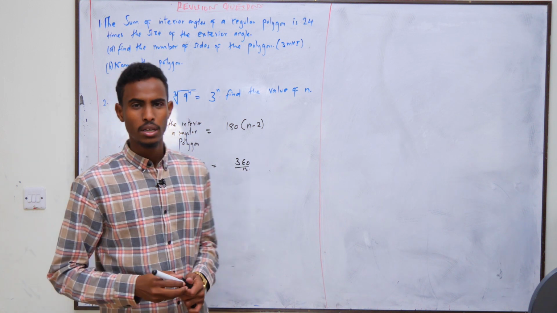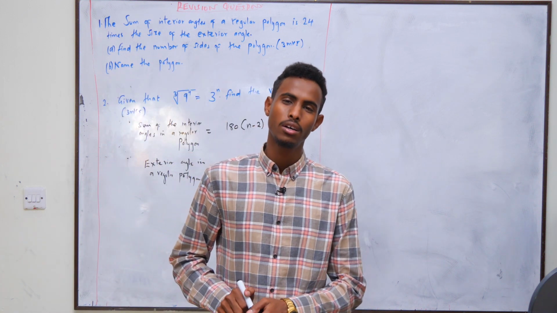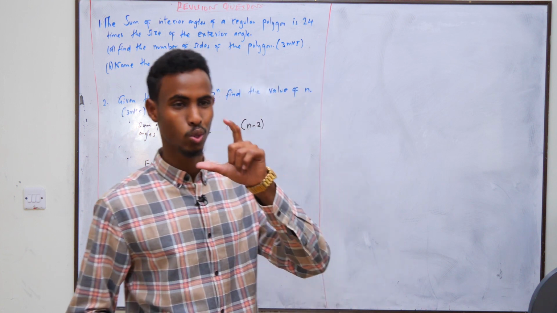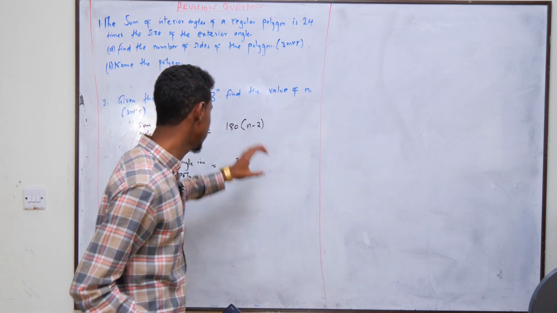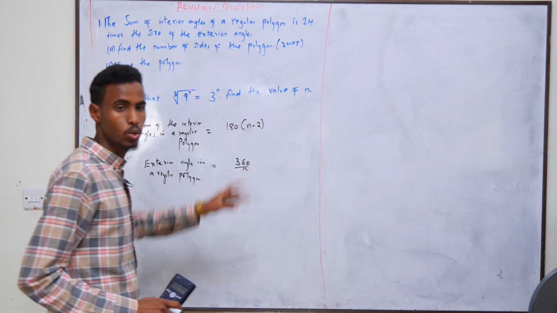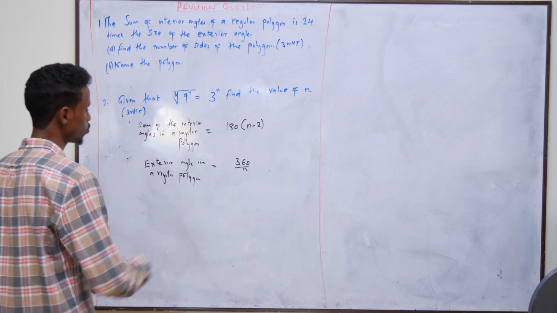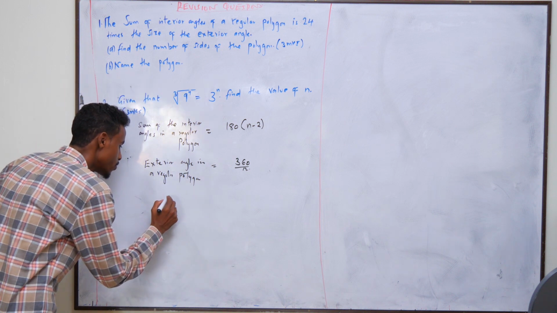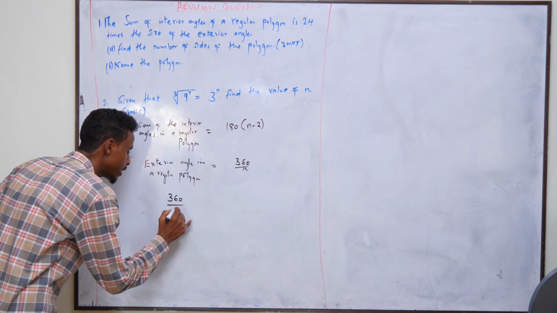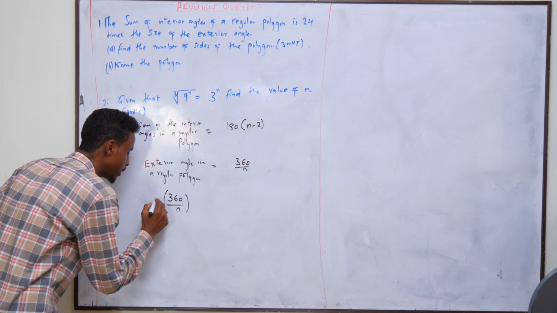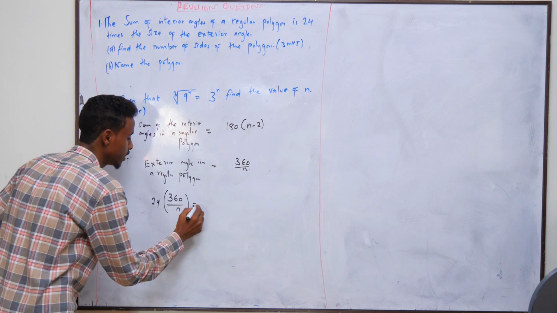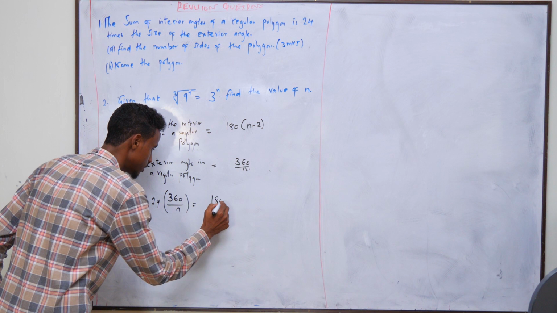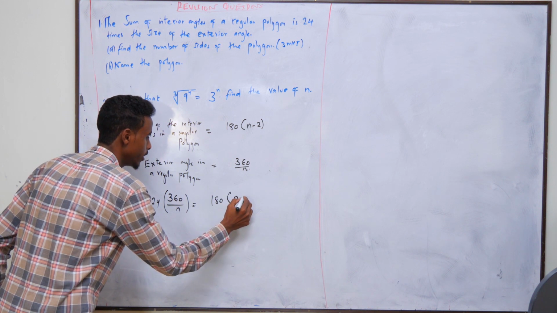Now we are told that when we multiply the exterior angle by 24, we get the interior angle sum. Let's form an equation equalizing the two: 360 divided by n multiplied by 24 will give us 180 into bracket n minus 2.